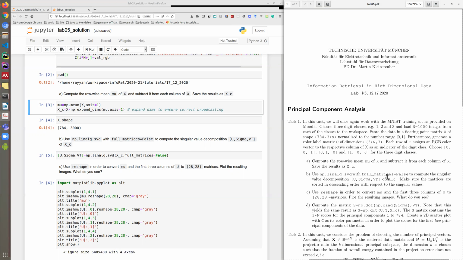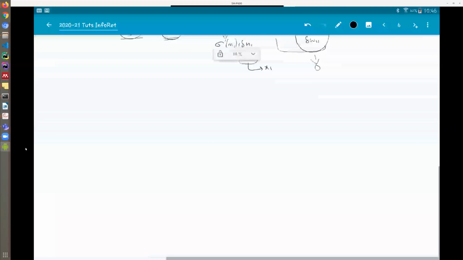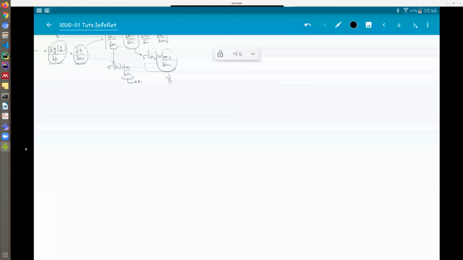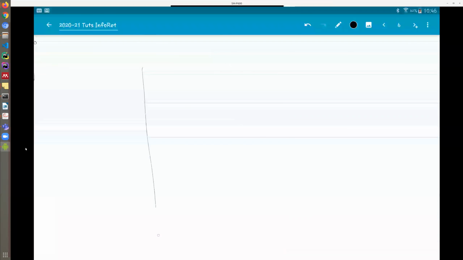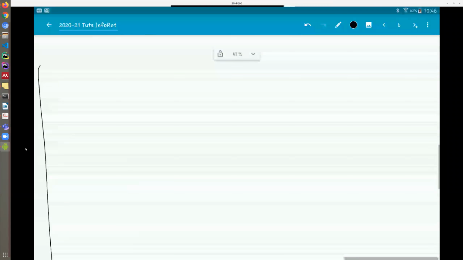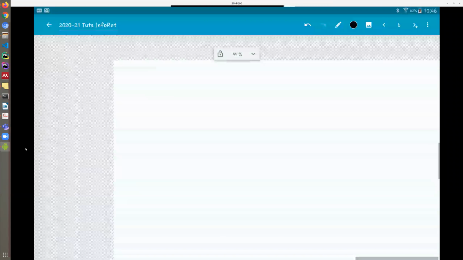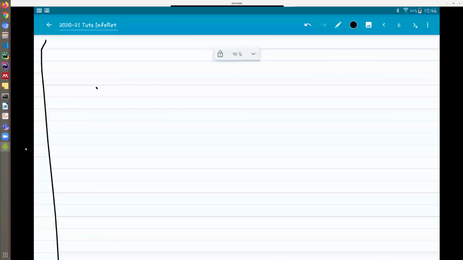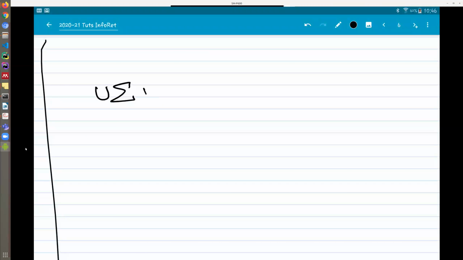We usually double check that the results are arranged in the right way. In the SVD we have U, sigma, and V transpose, right?